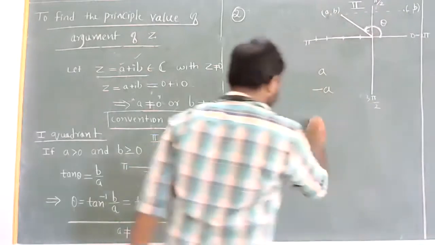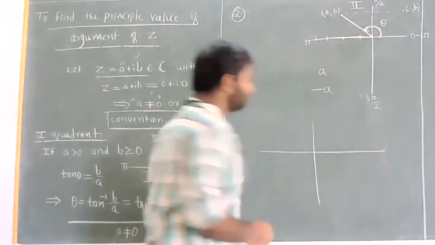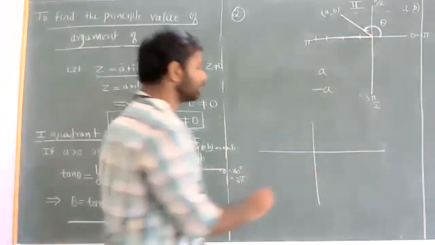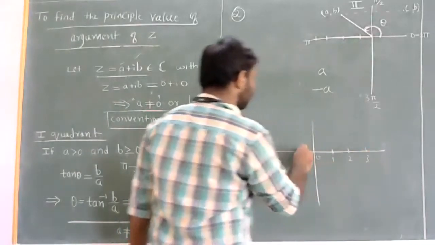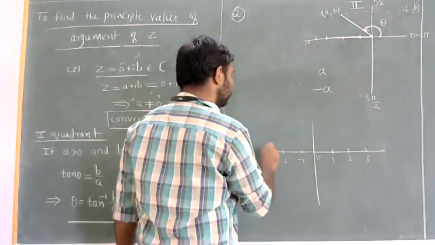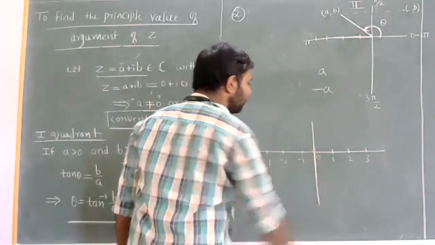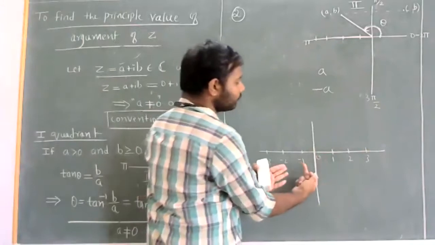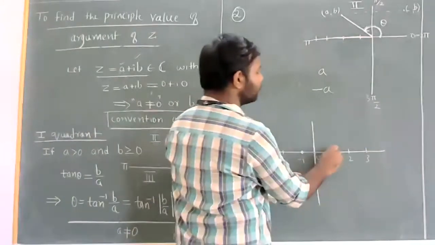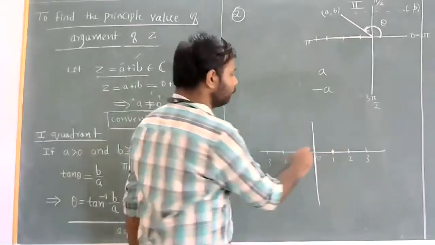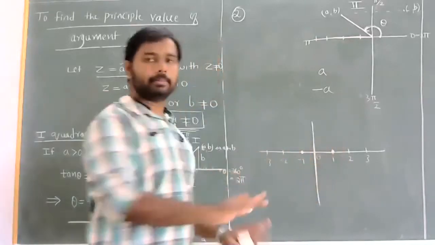That means whenever a is negative, minus a will be positive. If I give you an example with numbers: 0, +1, +2, +3, -1, -2, -3. If I keep a mirror here, and this is the point, the mirror image will be here. The y coordinate will be the same.